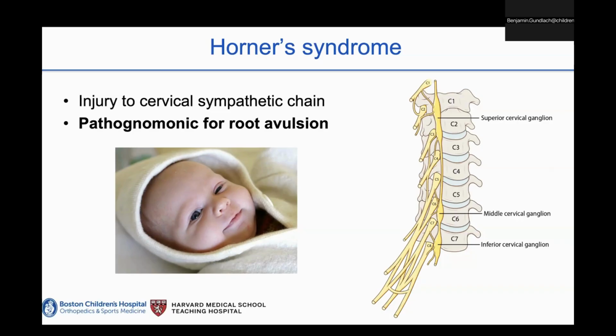And we think of this as being pathognomonic for nerve root avulsion. Now, more work has been published on this, demonstrating that Horner's can be seen in injuries where there was not an avulsion to C8 or T1, such as C7 avulsions. However, classically, this still is associated with more lower root avulsions.